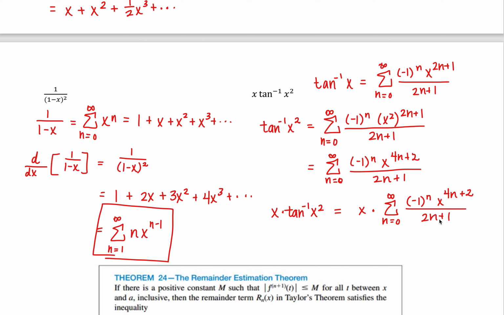This x can move inside here, and so instead of it being x to the 4n plus 2, it's x to the 4n plus 2 times x, which will be x to the 4n plus 3 power. So as a series, it goes from n equals 0 to infinity, negative 1 to the n, x to the 4n plus 3, all over 2n plus 1.